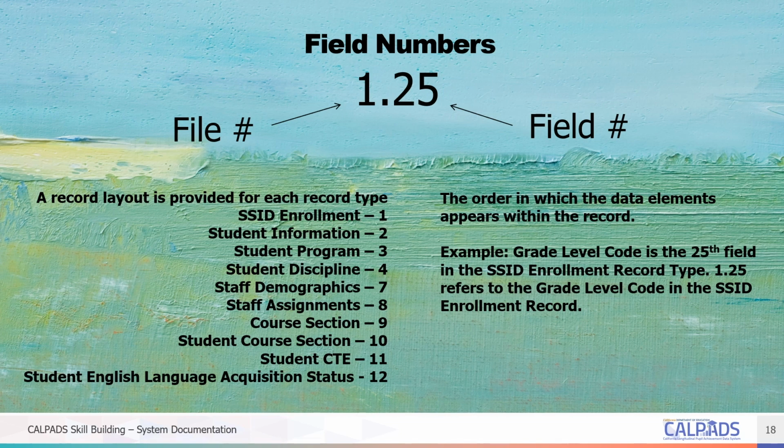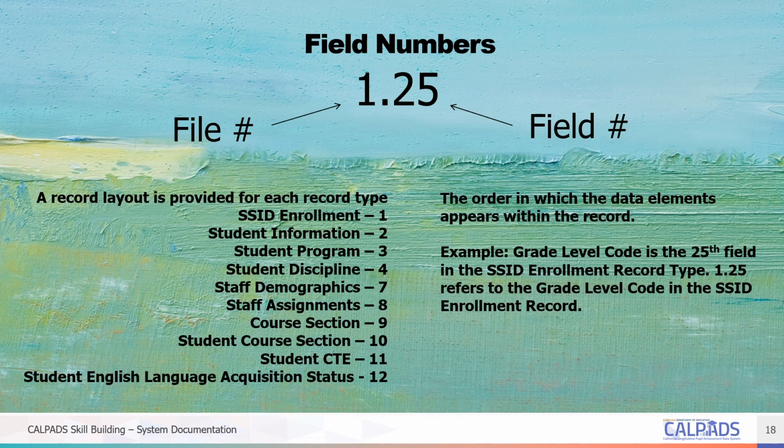Fields in the SSID enrollment or SENR records will always have a 1 before the decimal place. Fields in the student information or SINF records will always have a 2 before the decimal. Fields in the student program or SPRG records will always have a 3 before the decimal point, and so on as listed on this slide.